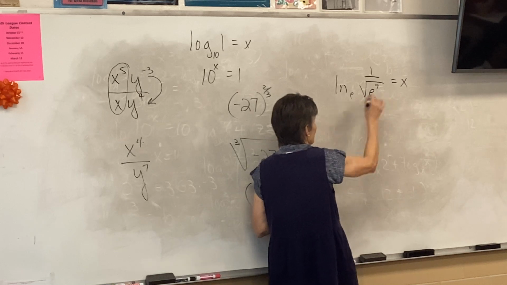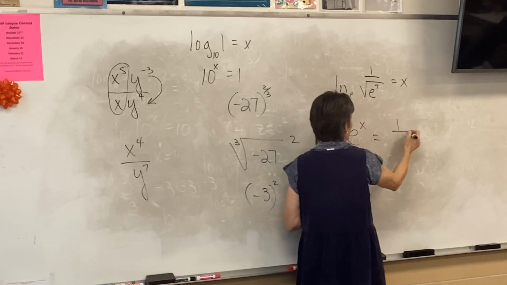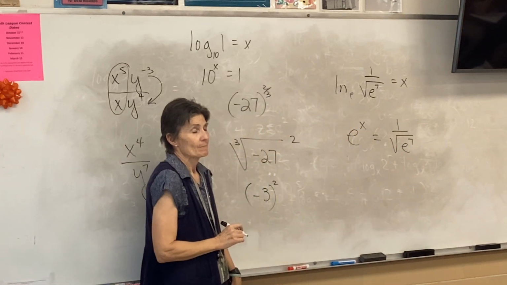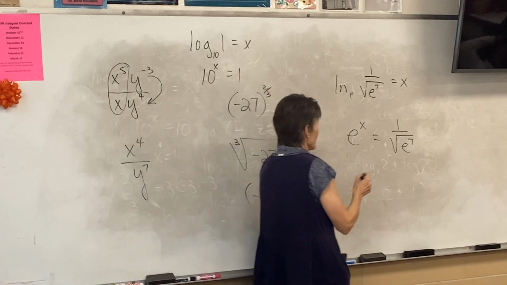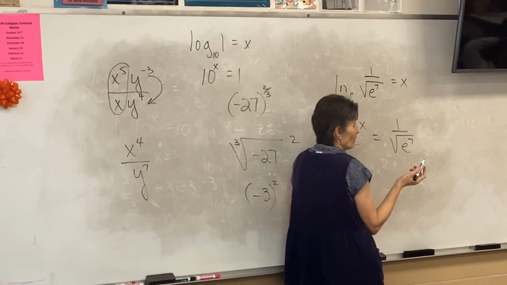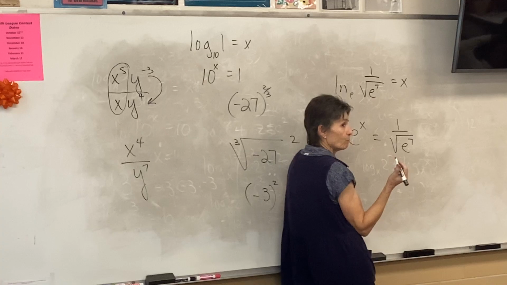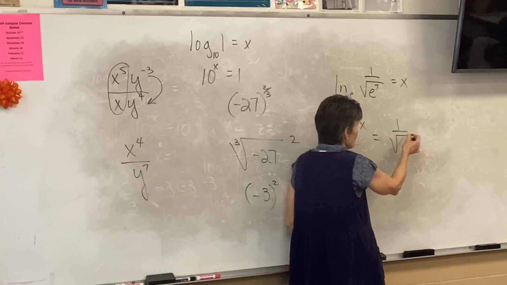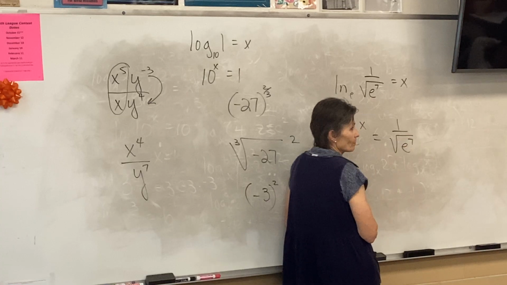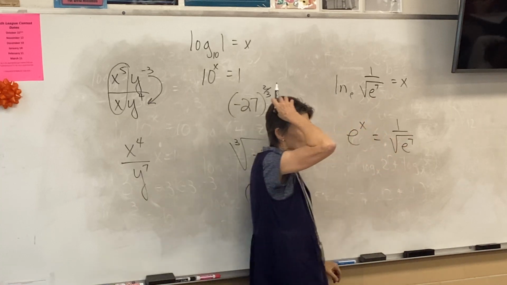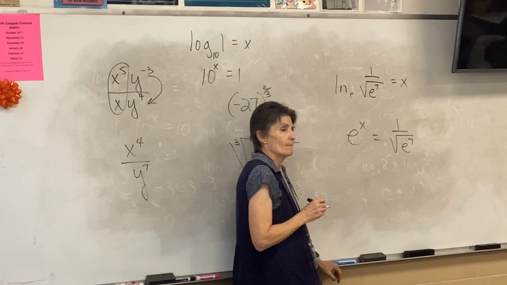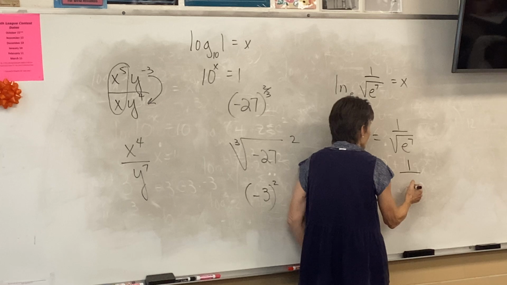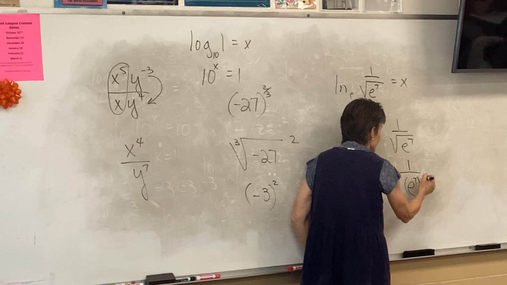So if I loop this, it would look like this. Would you agree with me? Now, whatever my exponent is, it's going to be negative. Would everyone agree with that? What do I do with this square root? What exponent is a square root? 1/2. So this is 1 over e to the 7th to the 1/2.